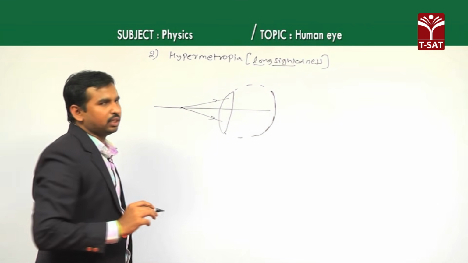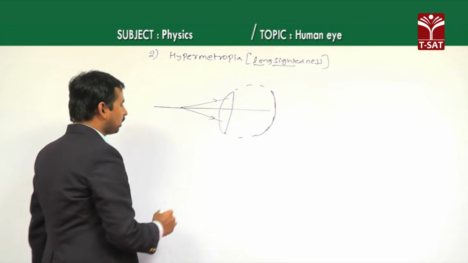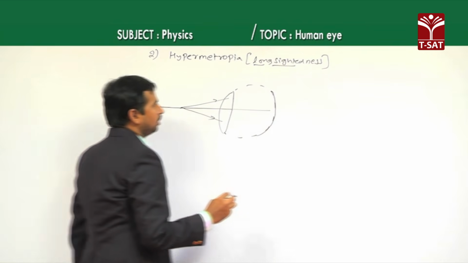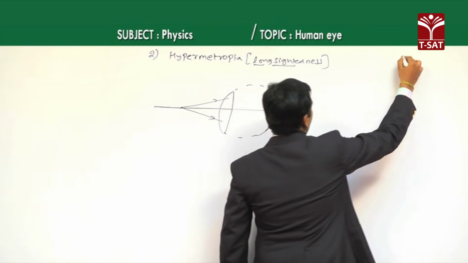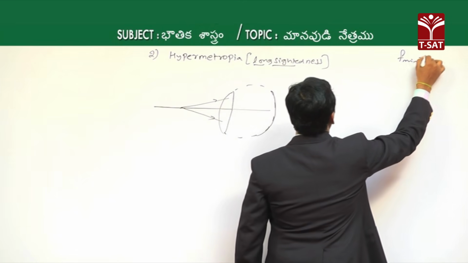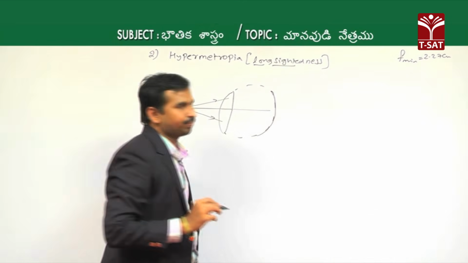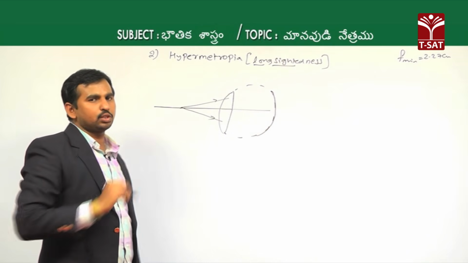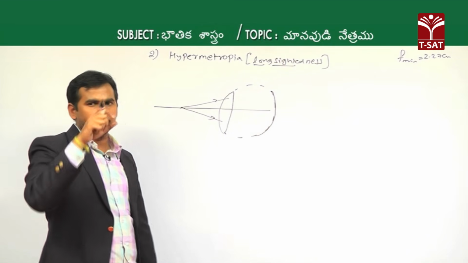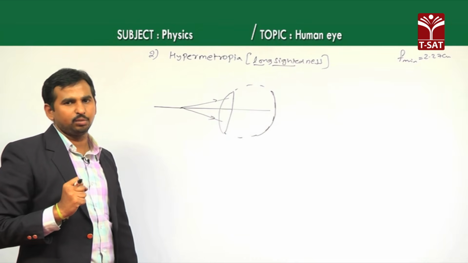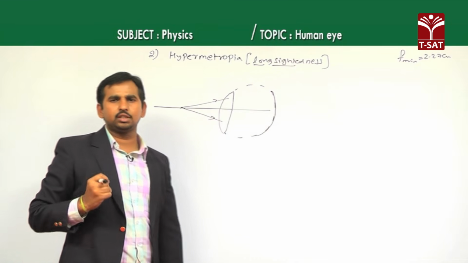Actually, if you want to see the near distance, the minimum focal length required is 2.27 centimeters, which we already derived. But here, the eye lens is not able to contract up to that 2.27 centimeters; the focal length is always more than this.